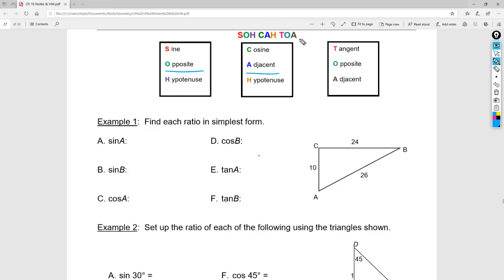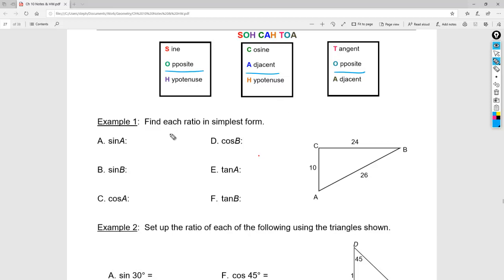Okay, and then TOA, you probably guessed it, stands for tangent being opposite divided by adjacent. So if you can remember SOHCAHTOA, and you can remember what each of these letters stands for, then you'll be in really good shape. So just O is always going to be opposite, H is hypotenuse, A is adjacent. Okay, and then sine, cosine, and tangent. Right, so 3 new functions essentially.